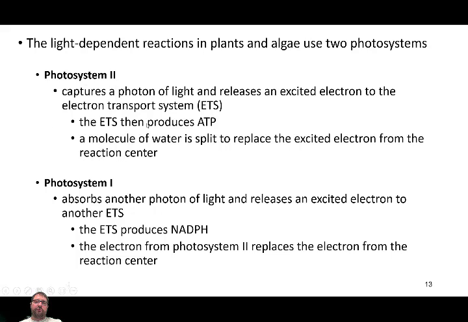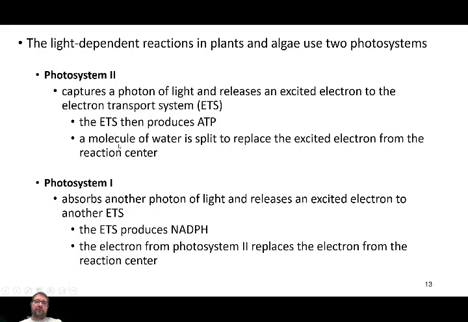So when photosystem 2's electron moves through the electron transport system to generate ATP, that electron winds up in the reaction center of photosystem 1. Photosystem 2 gets a new electron from water. Photosystem 1 gets its electron from photosystem 2.